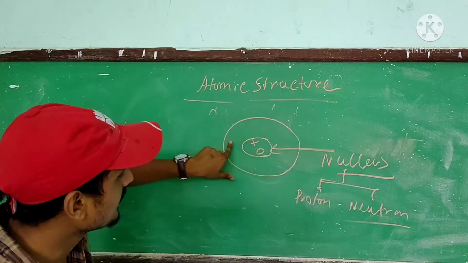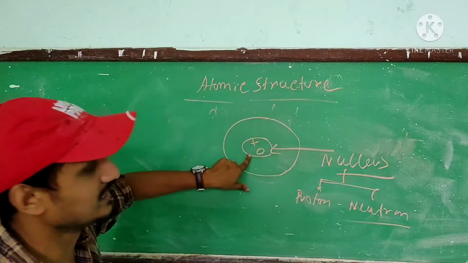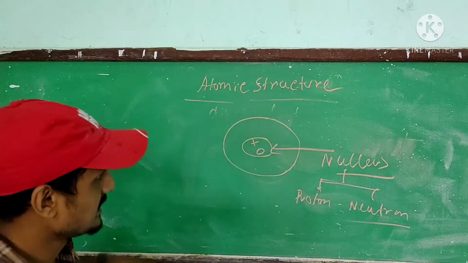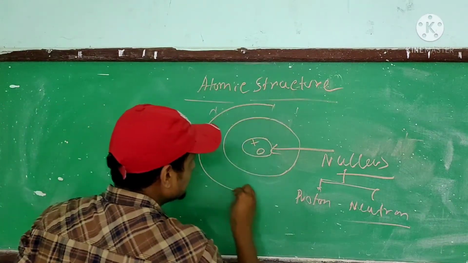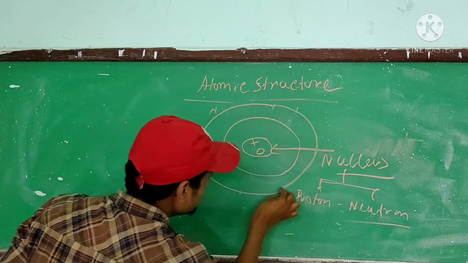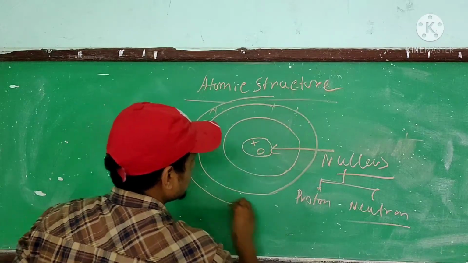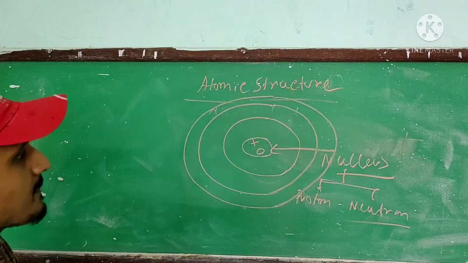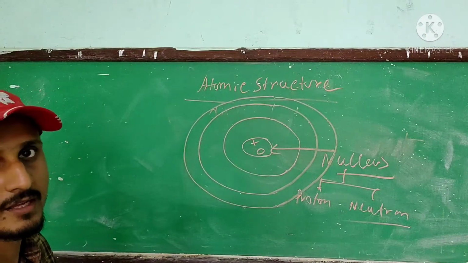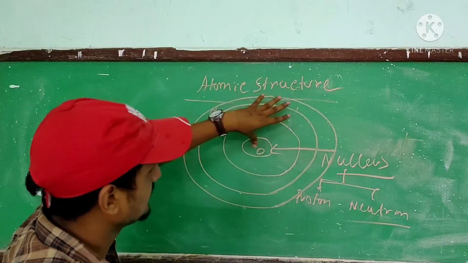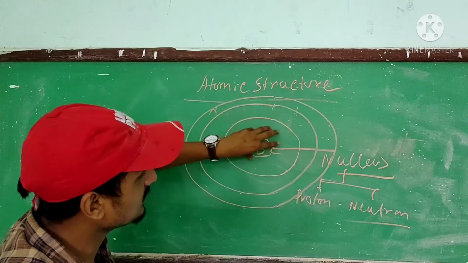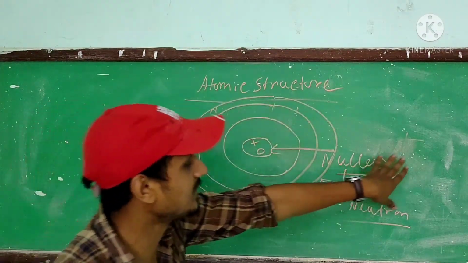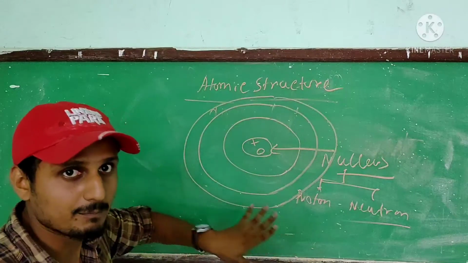Now around this nucleus, there will be orbits where electrons will revolve around the nucleus. So many orbits will be there where electrons will be revolving.